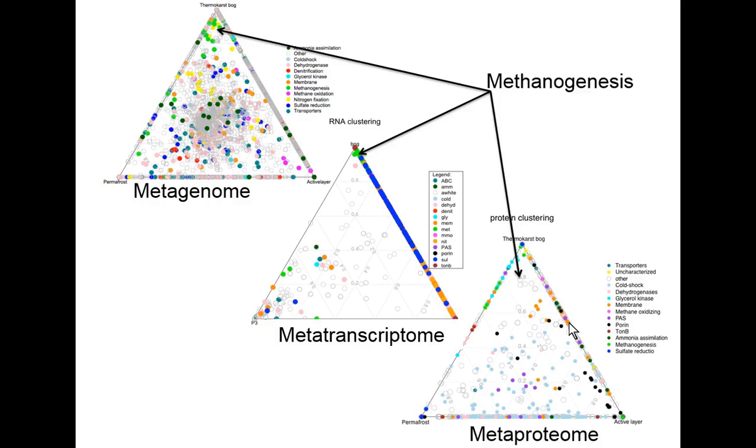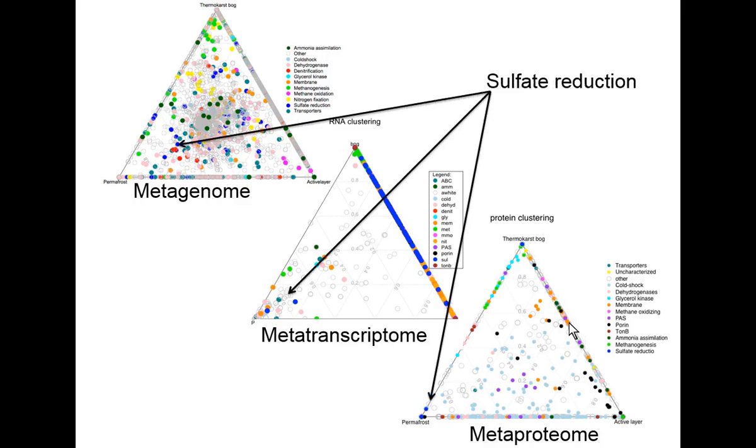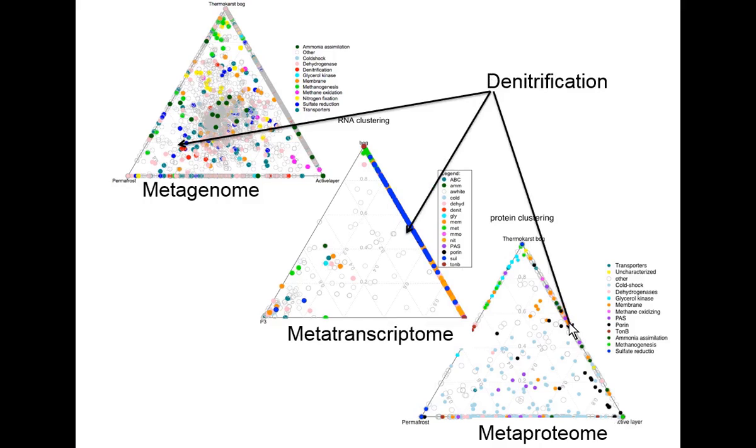So just to go through these results on the metagenome, metatranscriptome, and metaproteome part. Methanogenesis I could find with all three omic tools in the thermokarst bog. Methane oxidation was found in the active layer. Sulfate reduction was found with all the different tools in the permafrost, so that was really something the permafrost microbes were utilizing.